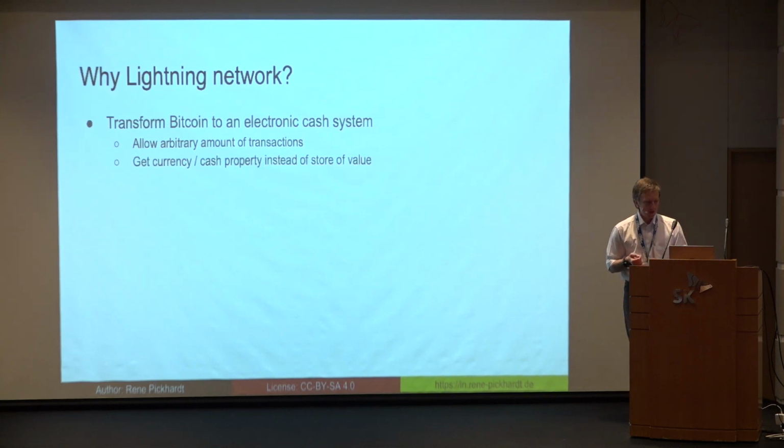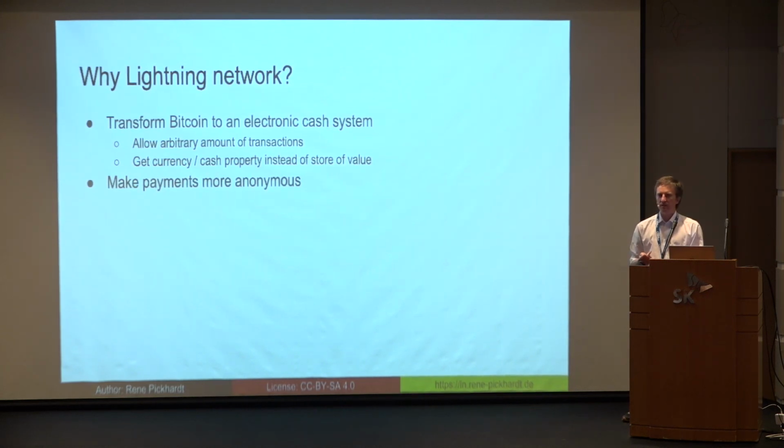To get currency properties, Bitcoin is a good store of value system because as a store of value, it doesn't need to have those fast transfer timings. But if we want it to be more like a cash system, we need something else.